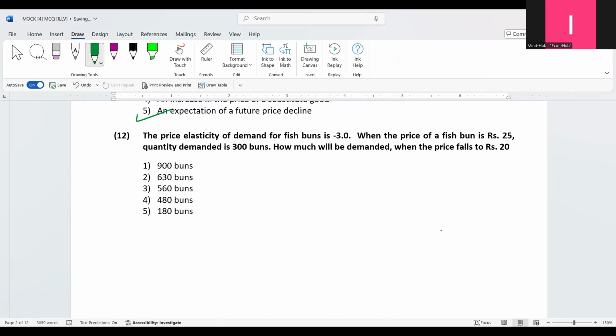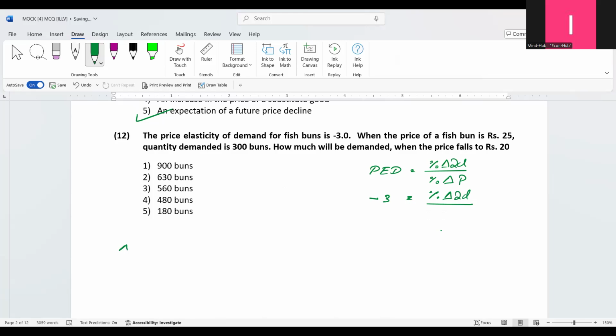We know that price elasticity of demand is the percentage change in quantity demanded divided by the percentage change in price. So this is -3. Percentage change in quantity demanded is what we need to find. I think we can find the percentage change in price.